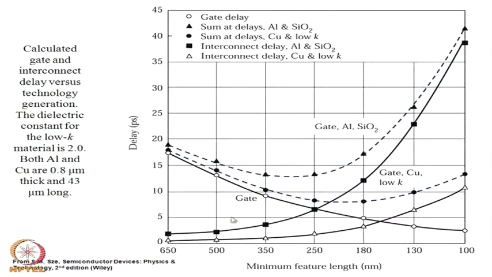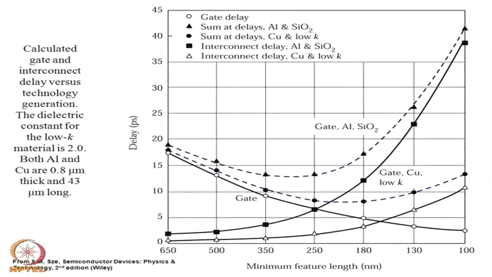Here you see this figure: on the y axis we have the delay in picoseconds, and on the x axis we have shown the minimum feature length in nanometers. As the feature length decreases, the gate delay decreases, but the interconnect delay increases, whether you use aluminum with SiO2, copper with SiO2, or copper with a low K material.